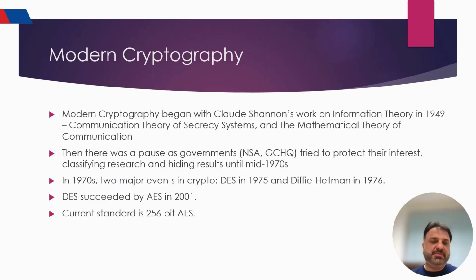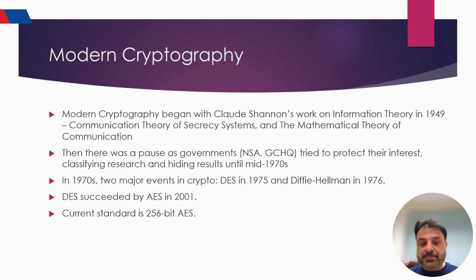Okay, modern cryptography. The father of modern cryptography is Claude E. Shannon. Claude E. Shannon worked on information theory in 1949, writing papers about the communication theory of secrecy systems and the mathematical theory of communication. It could be assumed as the starting point of modern cryptography.